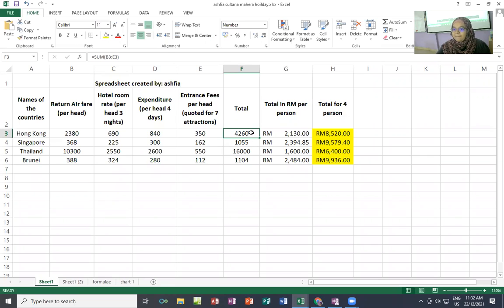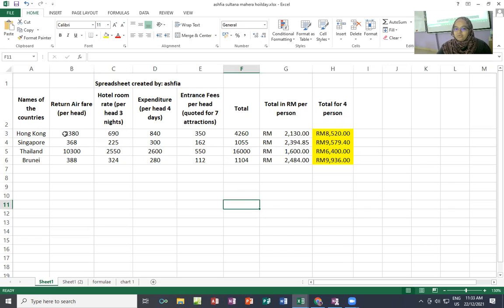So this is the total per head. So it's equal to F3 divide by 2. This one, F4 times 2.27 for Singapore. So the formulas are all given to you already.